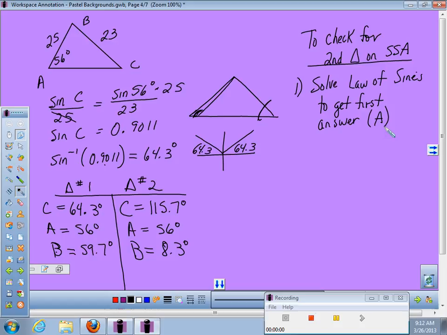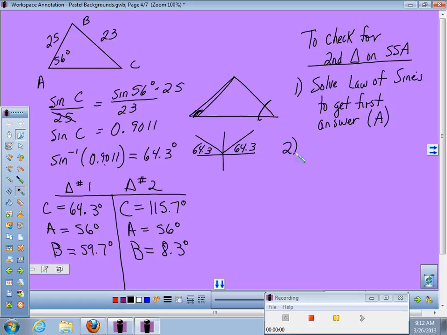Okay, what did I have to do to check for the second triangle then? I got the 64.3. What did I have to do to go check the second triangle? Minus 180. I had to subtract that angle I calculated from 180. Angle A, in this case I calculated angle C. Oh, I didn't label this.